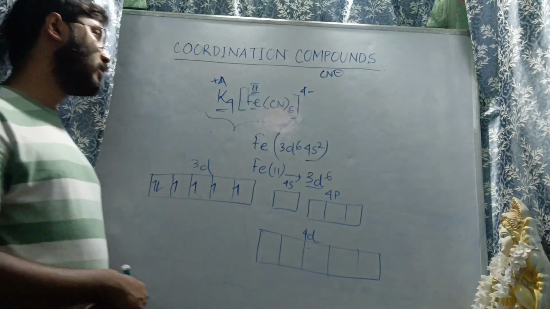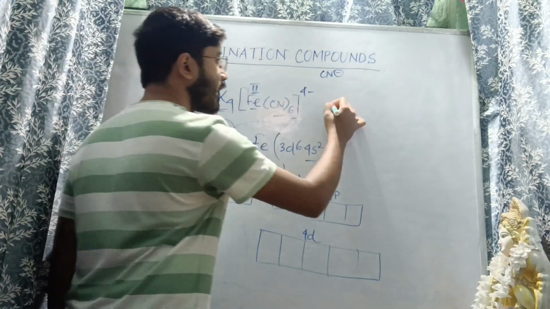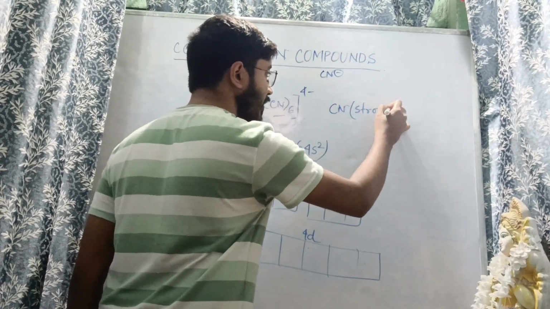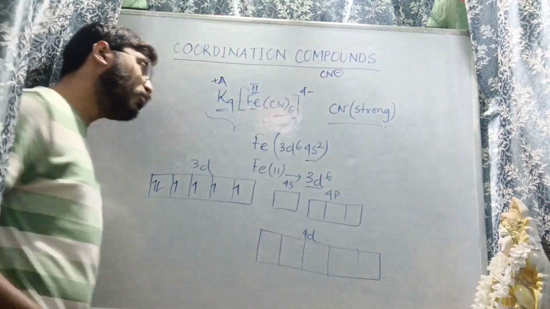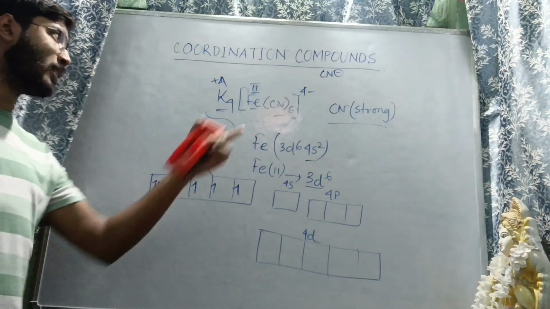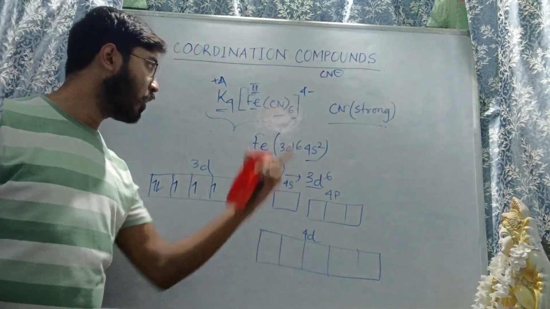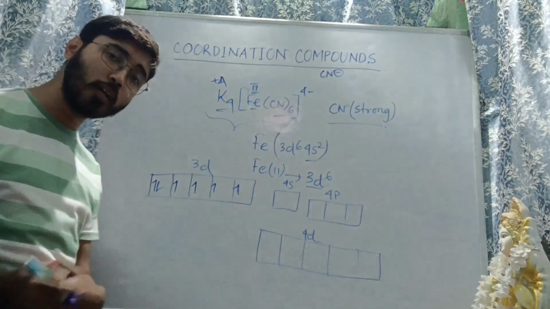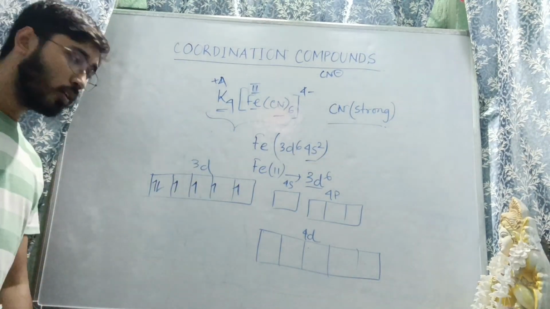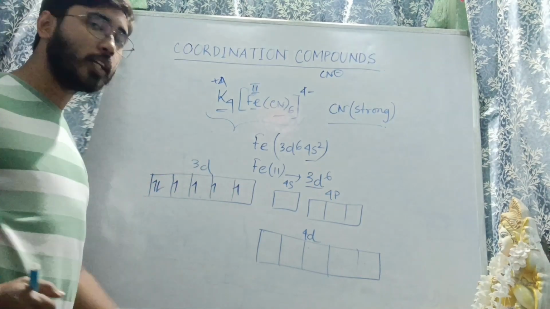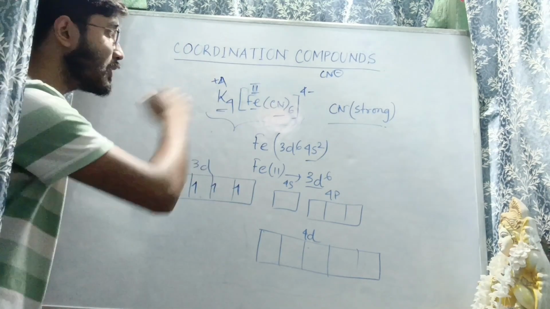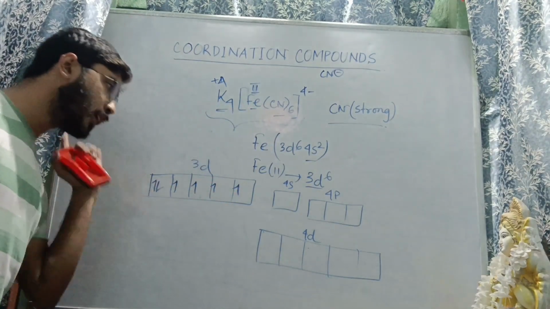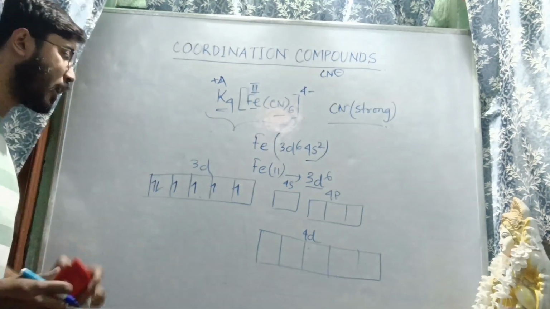But here cyanide is a strong ligand. We know that when a strong ligand is present in a complex, all the unpaired electrons must pair up. Here 4 unpaired electrons are present. So in presence of strong cyanide, all the unpaired electrons are first paired up.